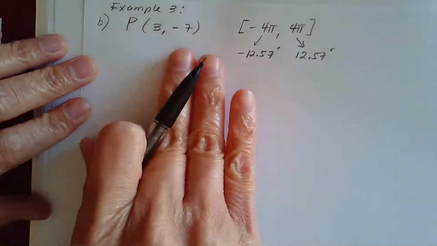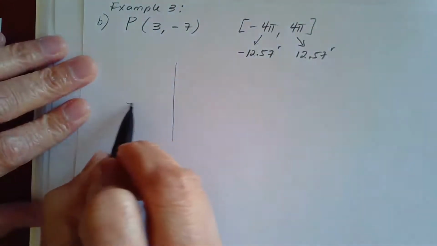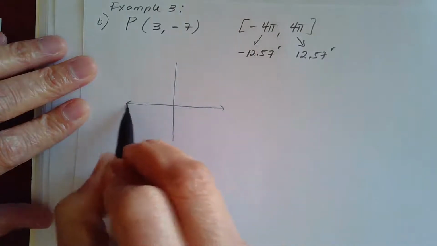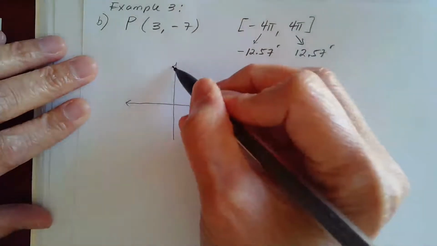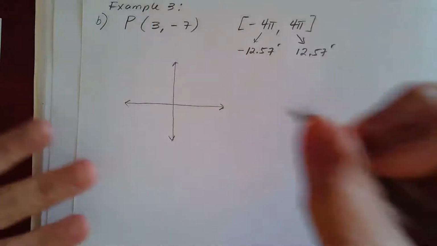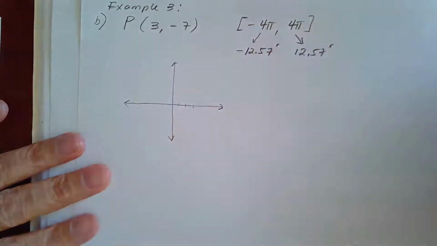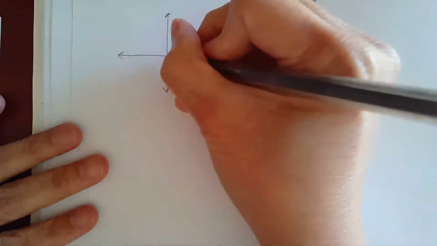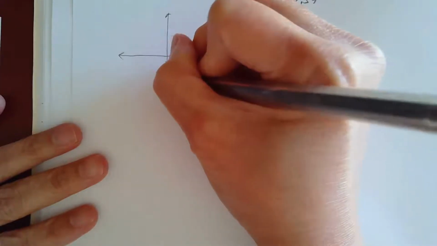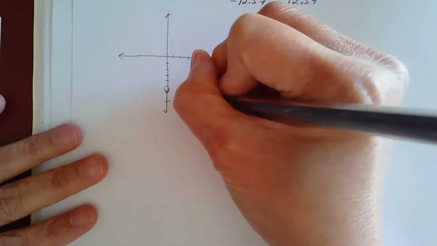So let's visualize what this looks like. We need to visualize it because if we can't see it, we can't solve it. If we can't see it, we can't understand it. Where is 3, negative 7? So positive 3, 1, 2, 3 on the x, and negative 7 for y. 1, 2, 3, 7.